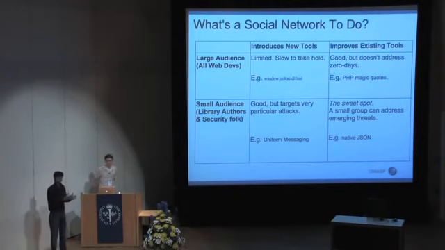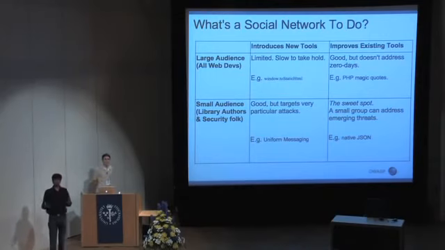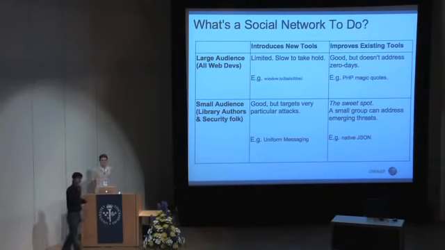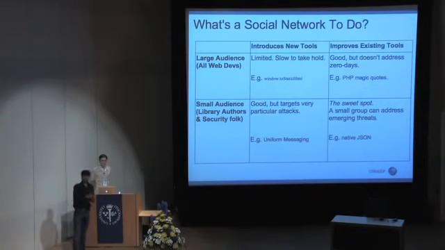So clearly there's a problem with motivating a large group of users. What you are able to do for some particular kinds of problems is introduce a new tool which only a small number of developers have to adopt before a large number of users benefit. So examples are authors of popular JavaScript libraries or browser vendors.